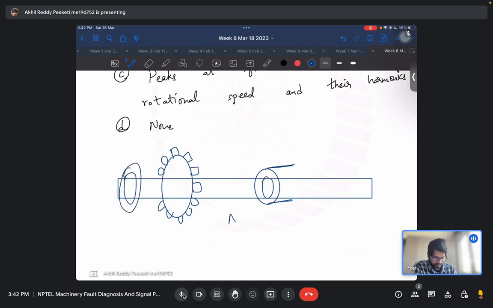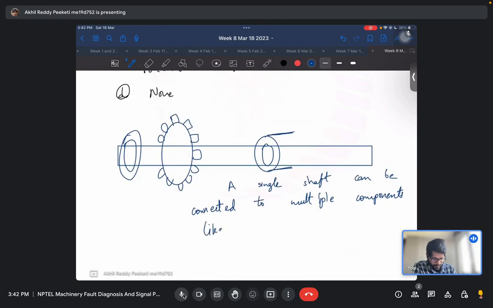So a single shaft can be connected to multiple components, like multiple gears, not a single gear, pulleys, bearings, and so on.